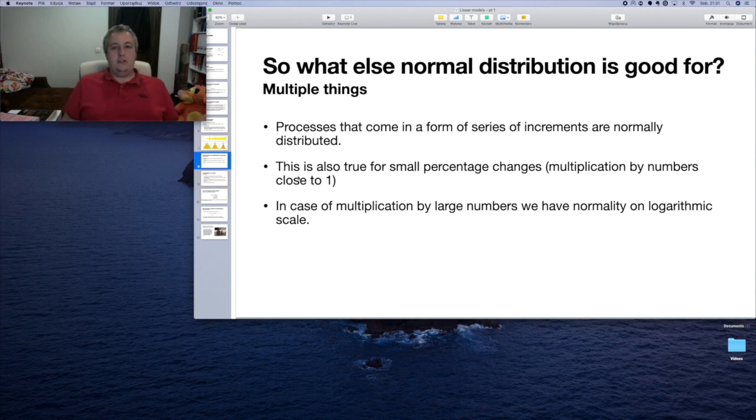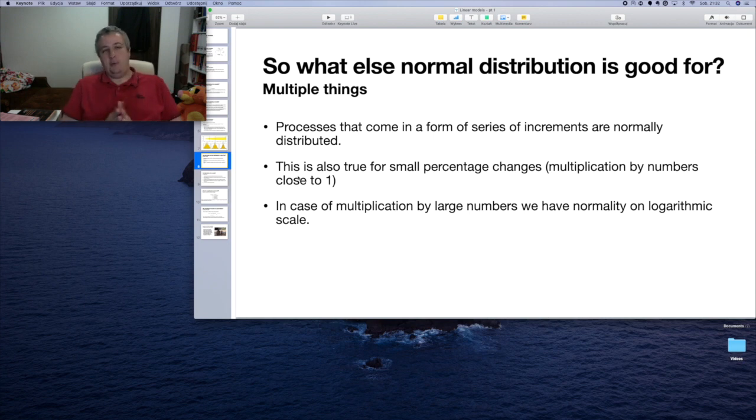What is also interesting is if you observe small percentage changes. For example, a movement of 1% this way or 1% the other way. Generally, multiplication by numbers close to 1 will also be normally distributed, which is a special case of the situation where you have multiplications, because multiplications of numbers lead us to the normal distribution, but on a logarithmic scale.